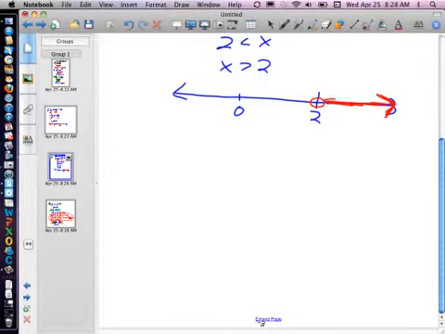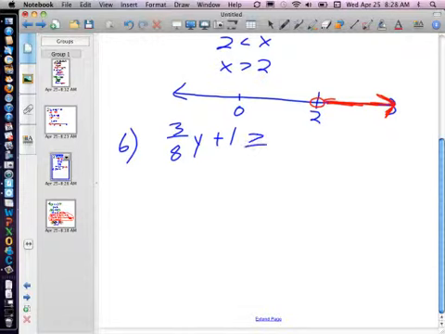Alright, so call this example 6. We have 3/8 y plus 1 is greater than or equal to 9/8. First thing we can do is subtract 1 from both sides, leaving us with 3/8 y is greater than or equal to 9/8 minus 1.